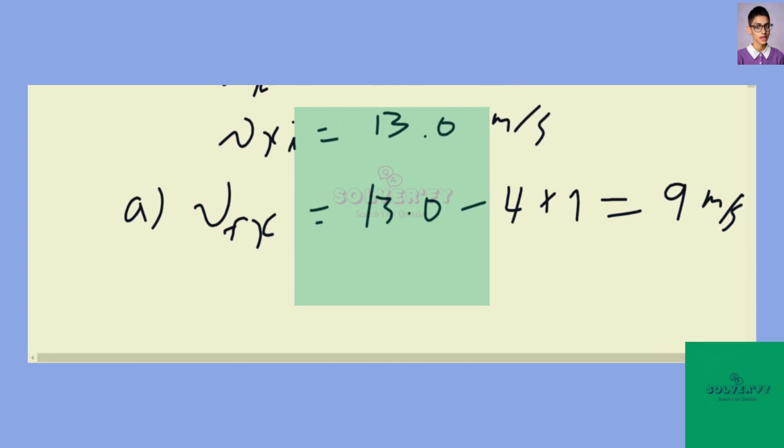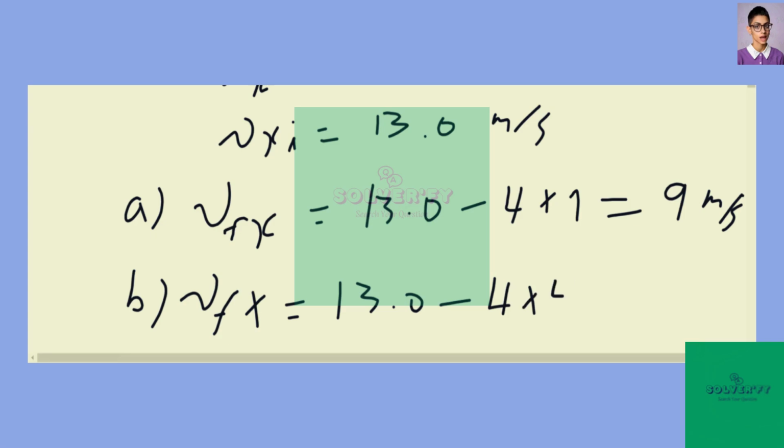Then the next value is the final velocity at 4 seconds from the initial time, and this is 13 minus 4 times 4, which is 16. So this is minus 3 meters per second.